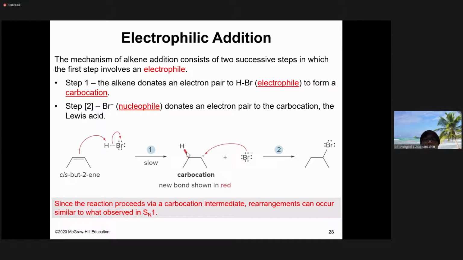If you can move an atom like a hydrogen here to the carbocation and get a tertiary carbocation, that can happen. But in this case, if you move hydrogen, you get the same secondary carbocation, so there's no point in the rearrangement.